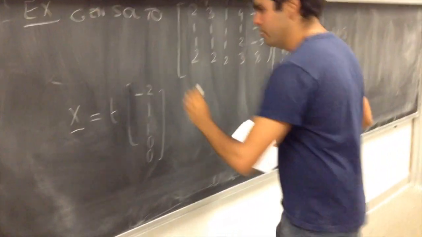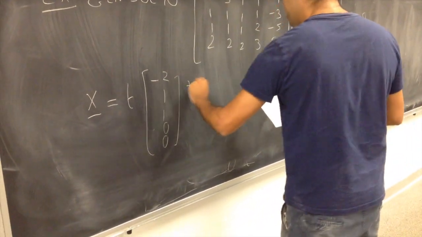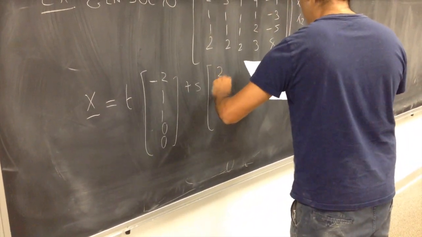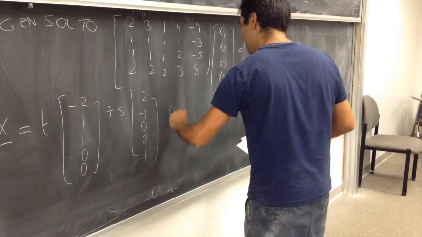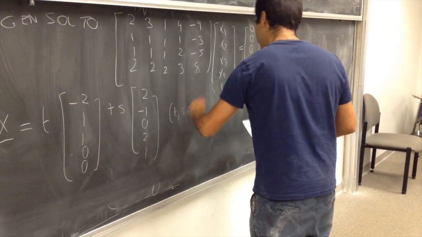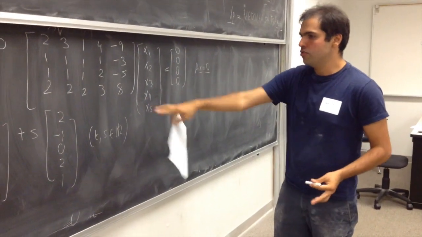plus another real number times 2, minus 1, 0, 2, 1, where s and t are in R. So remember this example, it is very useful. So let's say you find this and the general solution is this.